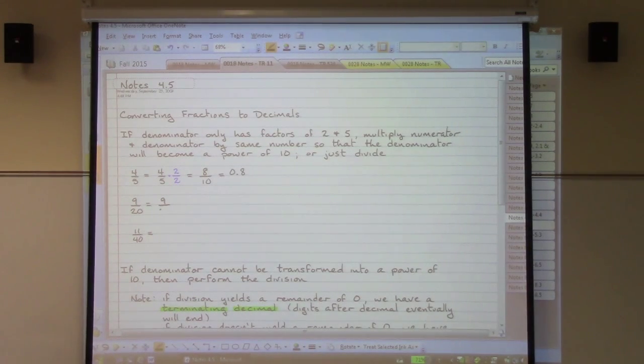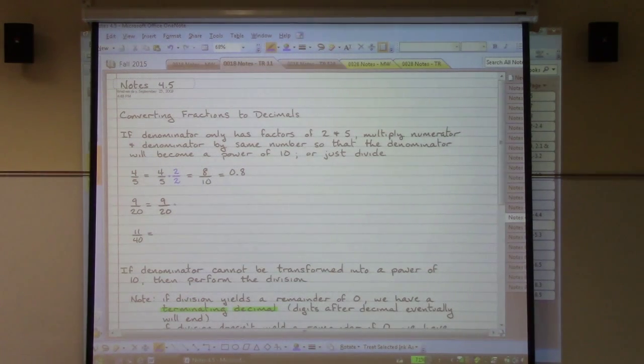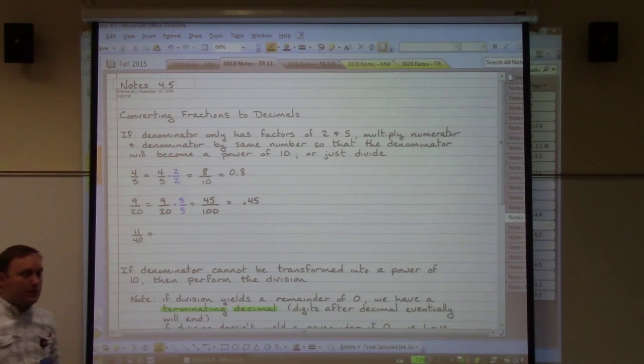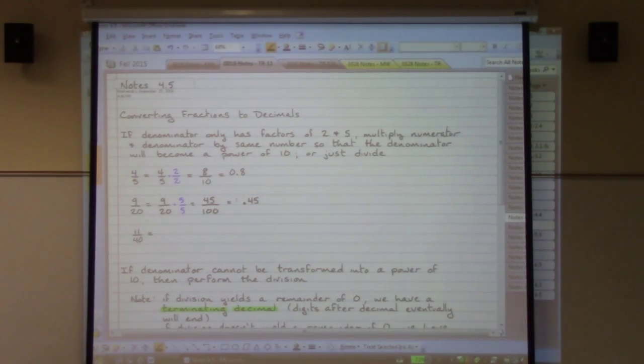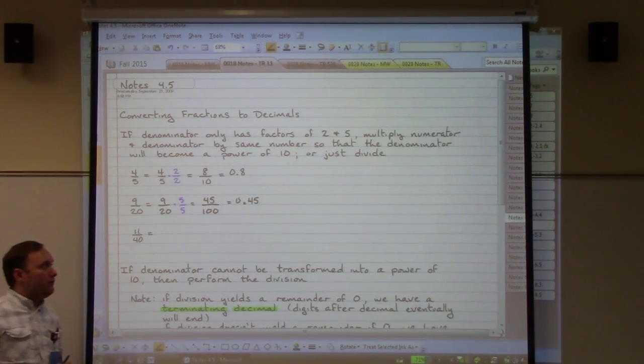So, multiplying by 5 on the top and on the bottom would end up giving me a 45 over 100. So we would have a 45. The 5 would need to be in the hundredths place, so the decimal point would need to be in front of the 4. And again, if you really like, you can put that 0 in front of the decimal point.